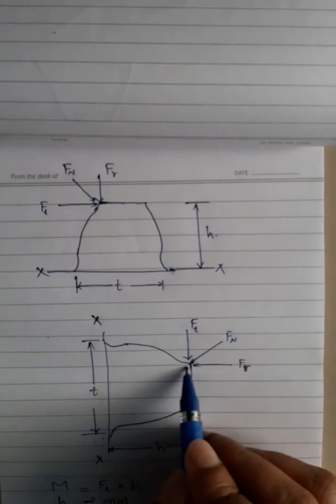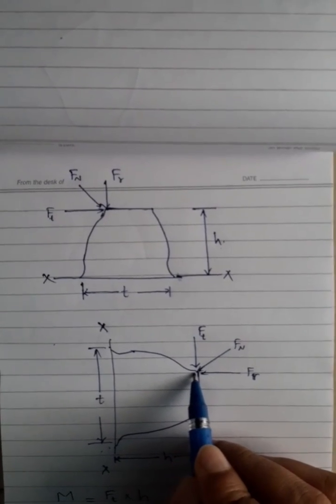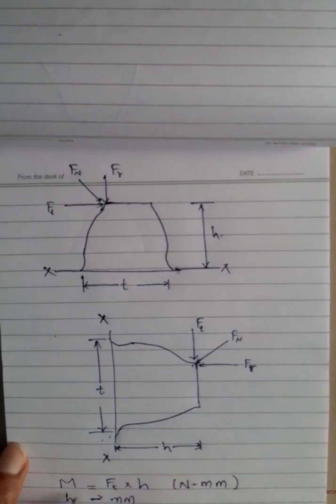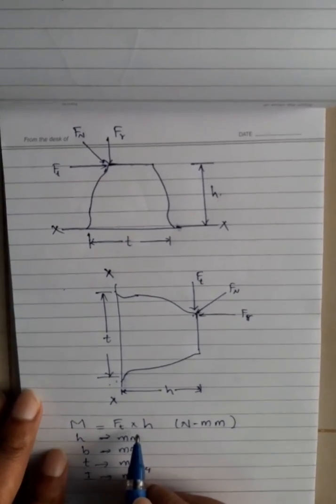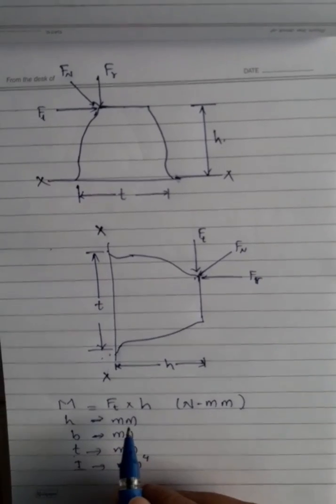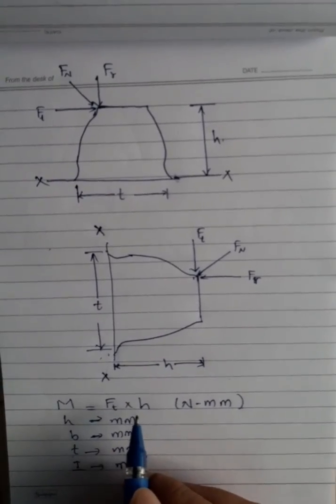Because of this tangential load, the maximum bending stress at section XX is given by M equal to Ft into h. Okay, we'll see the bending stress equation next.